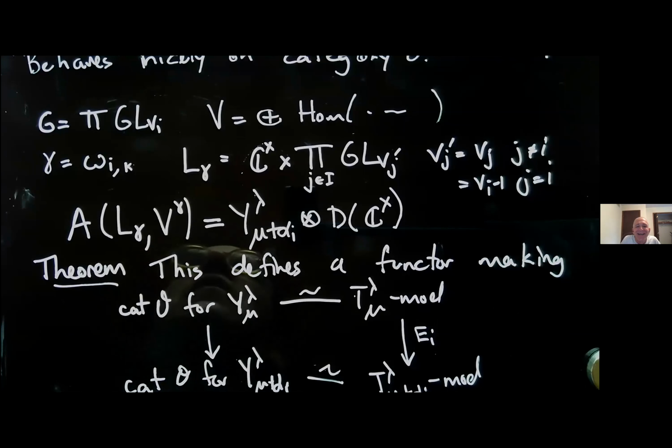In that way, you can classify G-bundles on P1 in terms of T-bundles on P1, and T-bundles on P1 are labeled by the coweights. So the isomorphism classes of G-bundles on P1 are the coweights mod the Weyl group, which is the same as the set of dominant coweights.